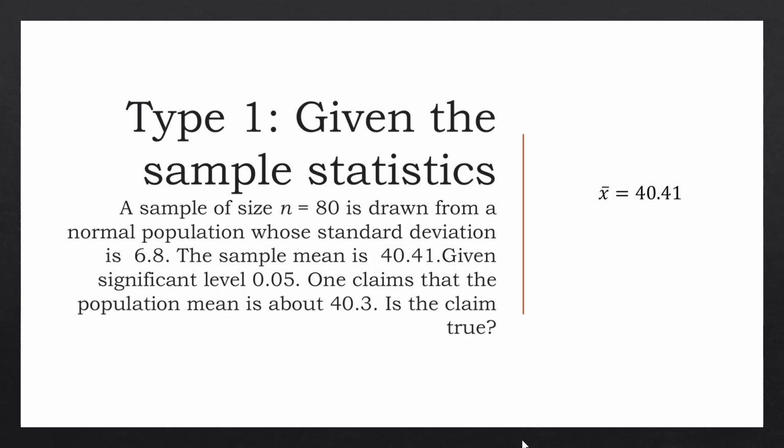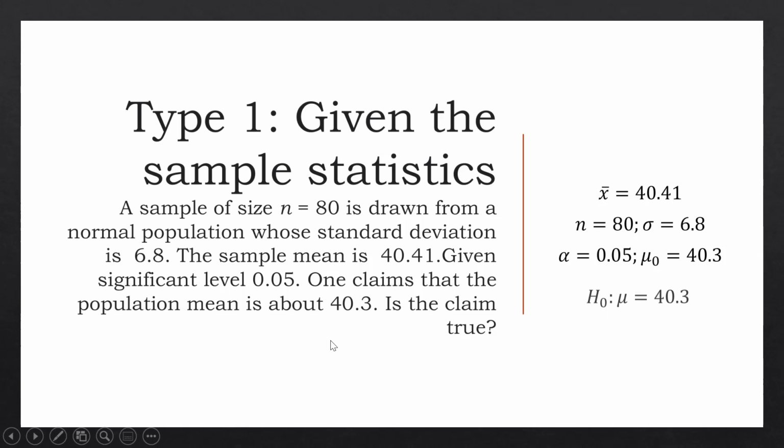So here we have a couple of pieces of information. X bar is 40.41, which is the sample mean. The sample size is 80, sigma is 6.8, alpha is the significance level, which is 0.05. The hypothesized number is 40.3, and the claim is the population mean is about 40.3.